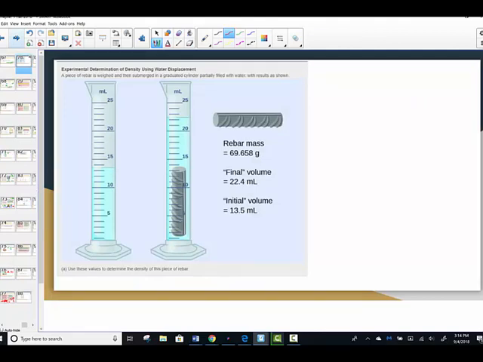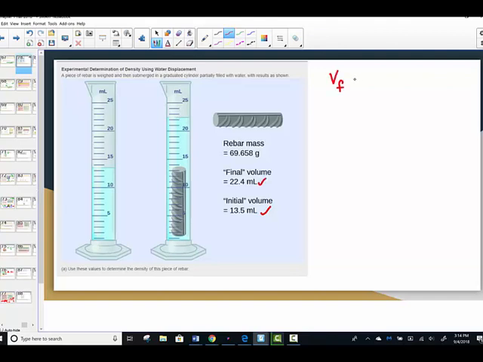Here's a better picture of what I was drawing. It's called water displacement. Here's the first graduated cylinder with just some water in it, and it's reading 13.5 mL. Then I place this rebar, an object of an irregular shape, so I'm finding its volume through water displacement. I plunk that piece of metal into the graduated cylinder, and I see that the water level rose to 22.4.